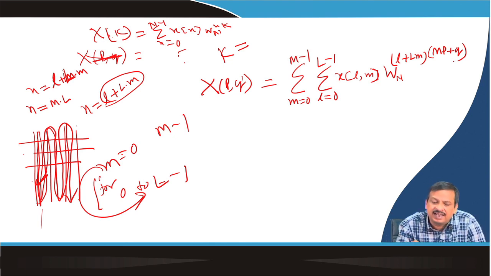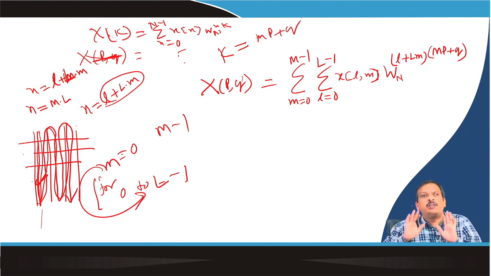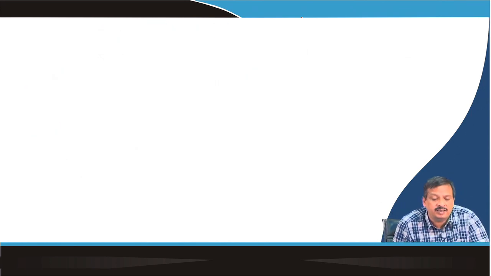So, I get k index in terms of mp plus q. Both l, m, p, q: l varies from 0 to capital L minus 1, p varies from 0 to capital L minus 1, and q varies from 0 to M minus 1. Is it clear? So, now I get this equation.